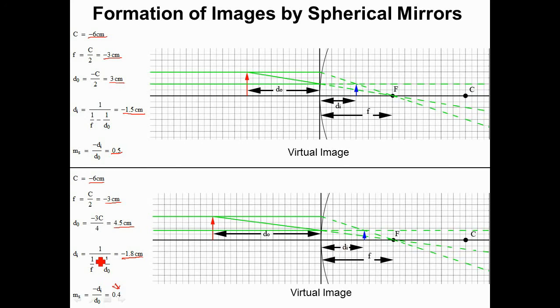Well, we can find that out by just playing around with this equation. Let's say that we make DO go to infinity. If DO goes to infinity, this term goes away. It's basically saying 1 over infinity is 0.